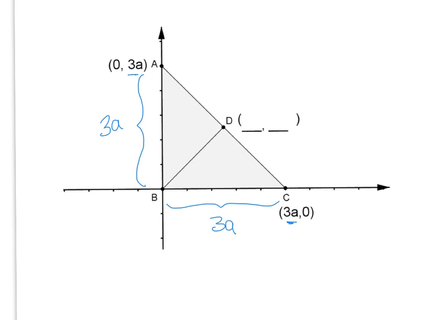And if we do have this isosceles right triangle, if we draw this height or altitude here, and it is a height or altitude, I can prove that by checking the slopes, that the slope of BD is the opposite reciprocal of the slope of AC.